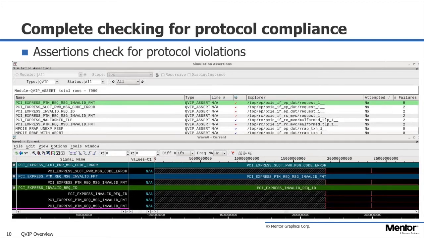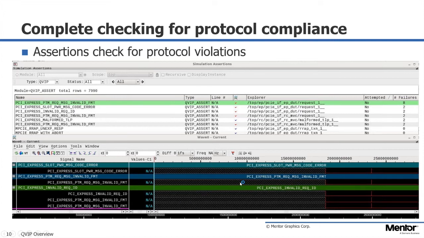As I said before, all of the checking, all of the protocol, you have full protocol compliance, and you have a set of assertions that are built in so that if traffic on your PCI bus starts to violate the PCIe protocol, you will get assertion warnings pop up, and it'll say that this request flag was not correct, or different errors will pop up to show you.